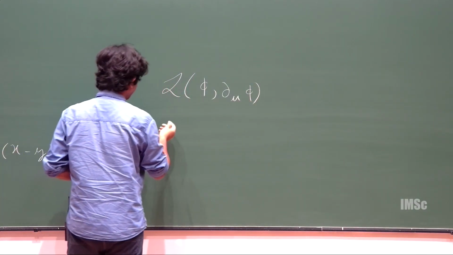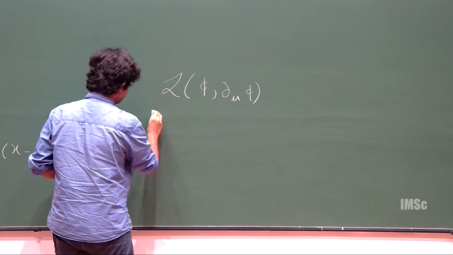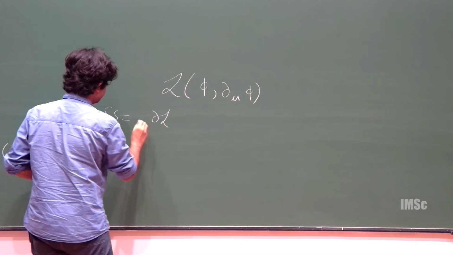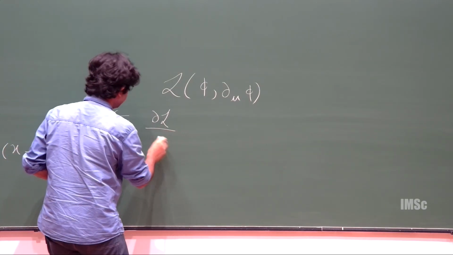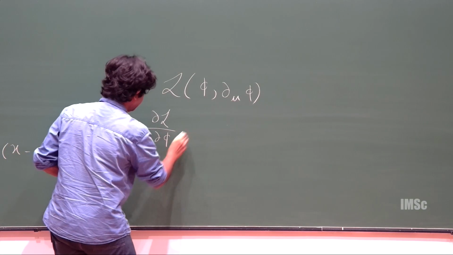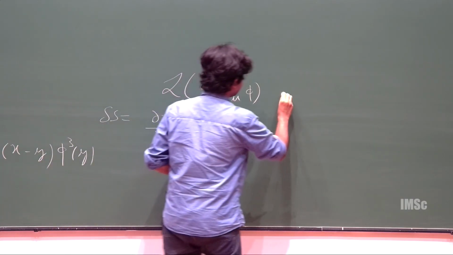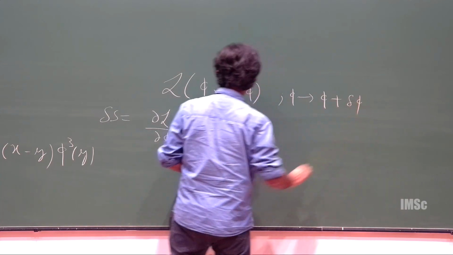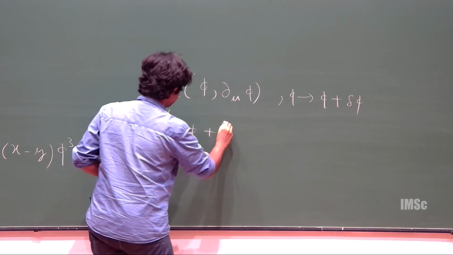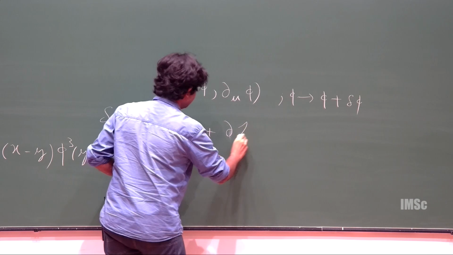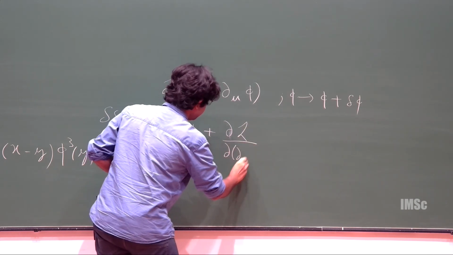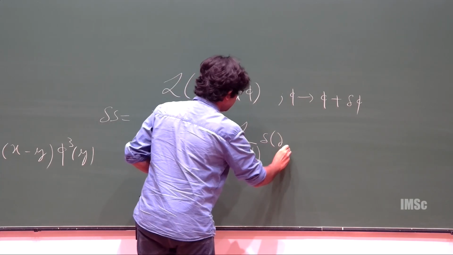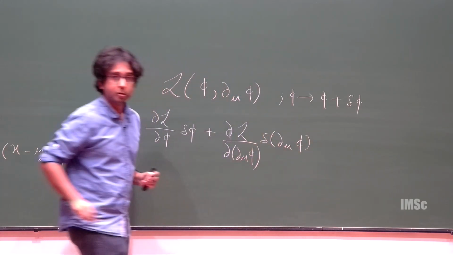Now, we will have delta S equal to del L del phi delta phi, where phi goes to phi plus delta phi, plus del L over del of del mu phi times delta of del mu phi.